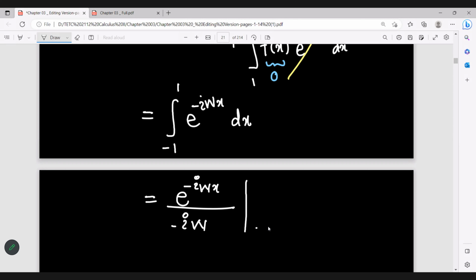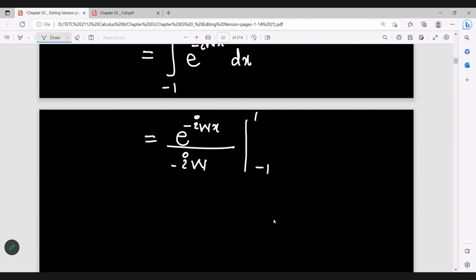Then we need to substitute minus 1 and 1 into x. Let's bring this minus iw term out. So we have minus 1 over iw times e to the power minus iw minus e to the power iw.